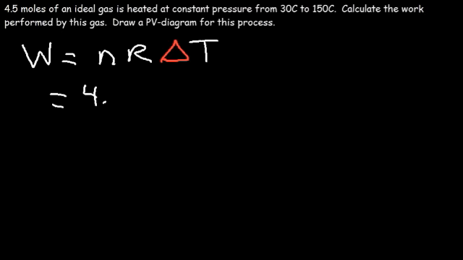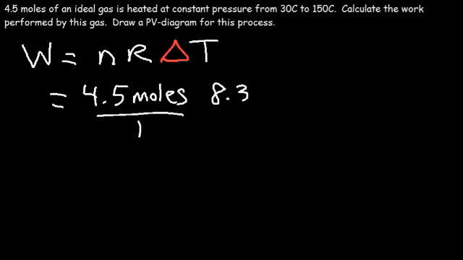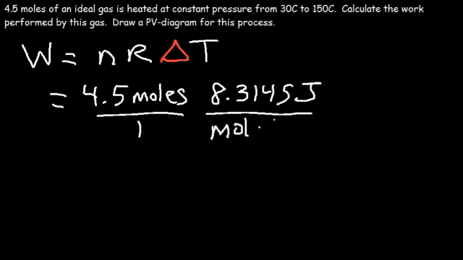n is the number of moles. We have 4.5 moles of an ideal gas. R is the energy constant for a gas. It's 8.3145 joules per mole per Kelvin. Now the temperature difference in Celsius is equal to the temperature difference in Kelvin. Anytime you have a delta T value, it can be in Kelvin or Celsius.